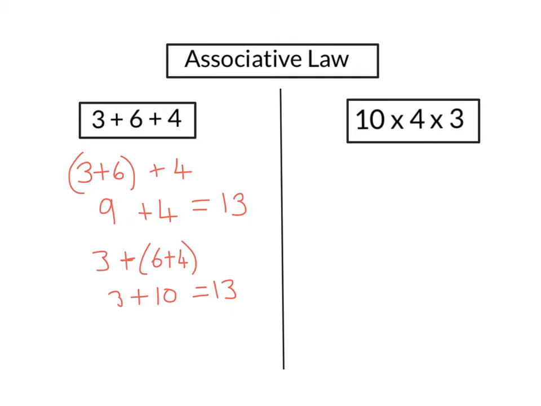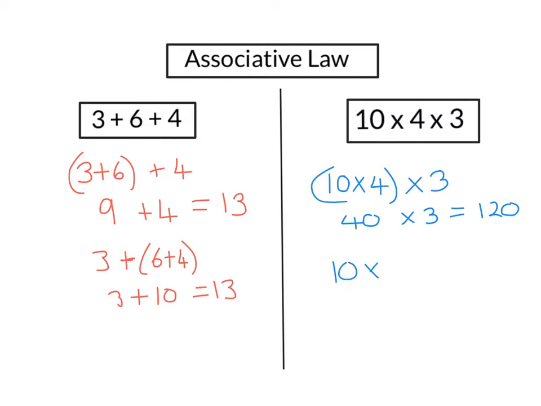And again, for the multiplication one over here, I could be doing 10 times 4 first, and then timesing by 3. So 10 times 4 is 40, and then times by 3 is 120. Or I could be doing the 4 times 3 first.